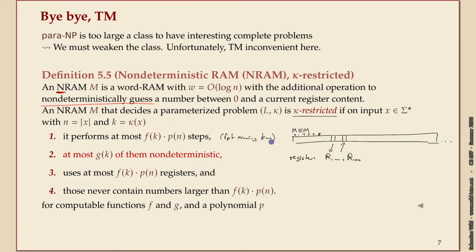This part is the same as for Turing machines. Also the space, I mean here, memory cells, I would really want to say. The space usage is kind of following from the time. You don't even have time to touch more than this. But it's maybe less obvious than in the Turing machine. We also put a bound on the numbers in the memory cells. So in a way, you could control this via W, but it's more convenient to directly just say the numbers that we have are bounded in terms of the parameters.